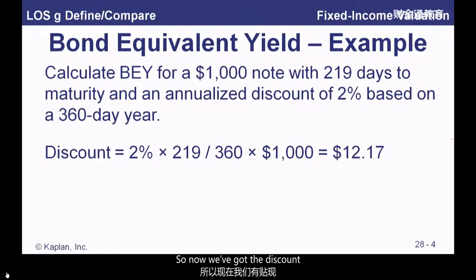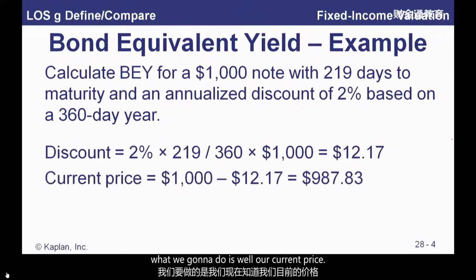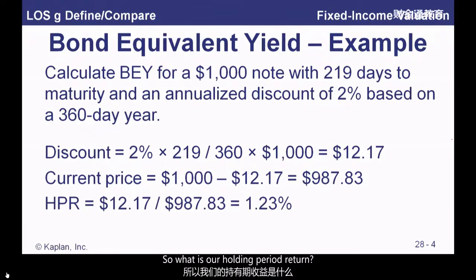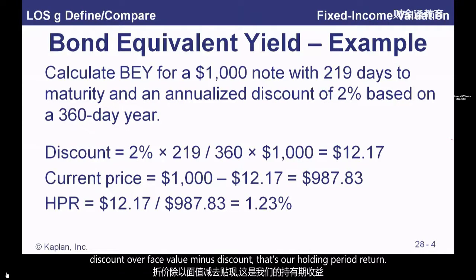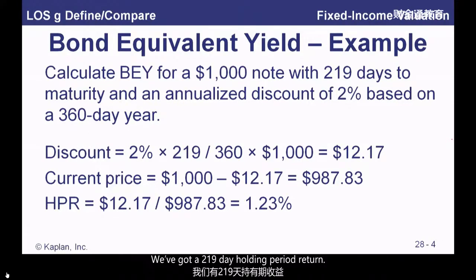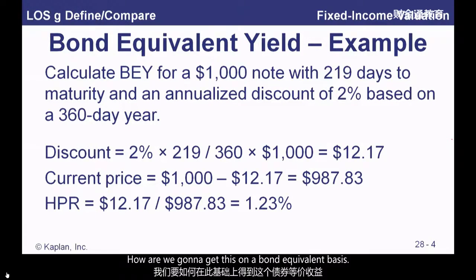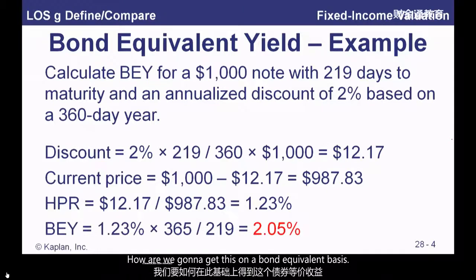So now we've got the discount. What are we going to do with that? Well, our current price we know now is $987.83 on $1,000 face value. So what is our holding period return? Our holding period return is just the discount over the price, discount over face value minus discount. That's our holding period return. We've got a 219-day holding period return. How are we going to get this on a bond equivalent basis?